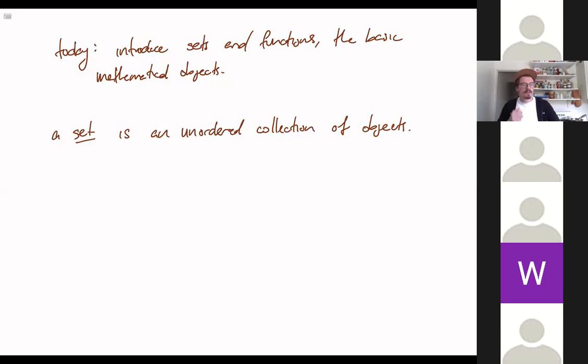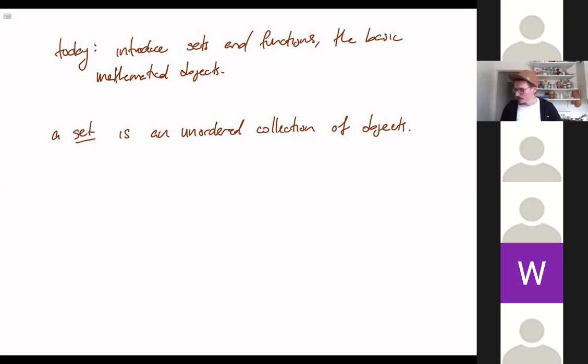And the reason that we're doing that is that to define sets in a really airtight, precise way is a huge pain in the butt and totally not worth it for the kind of things that we're going to be doing. So for our purposes, this definition is going to be perfectly fine. A set is essentially what you imagine it to be. It's just a collection of objects where we don't care about the order, we don't care about duplicates.